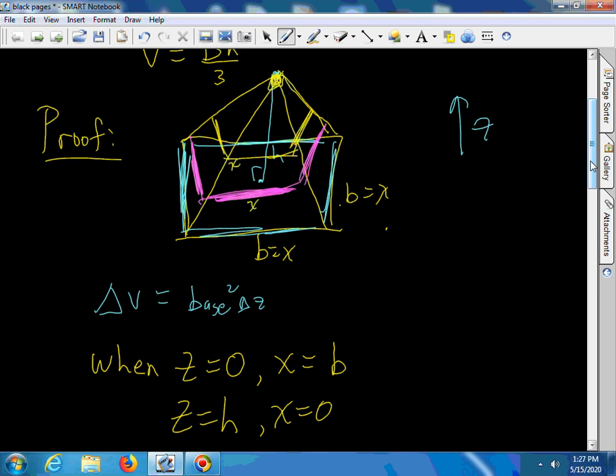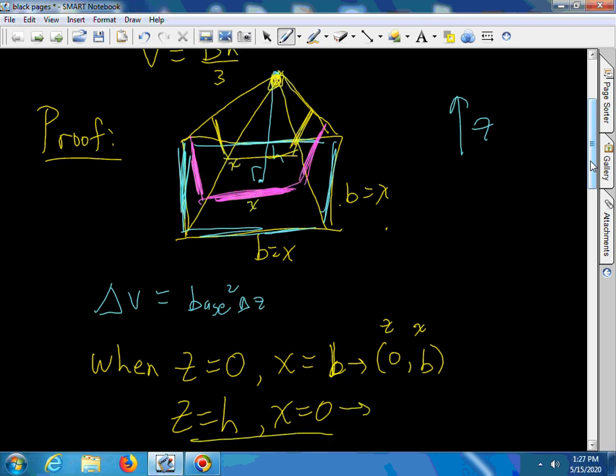It's changing linearly. So what we want to do is find an equation. This tells me, like I said, it's linear. This tells me that the point 0, b is on the line where the first coordinate is z, and the second coordinate is x.